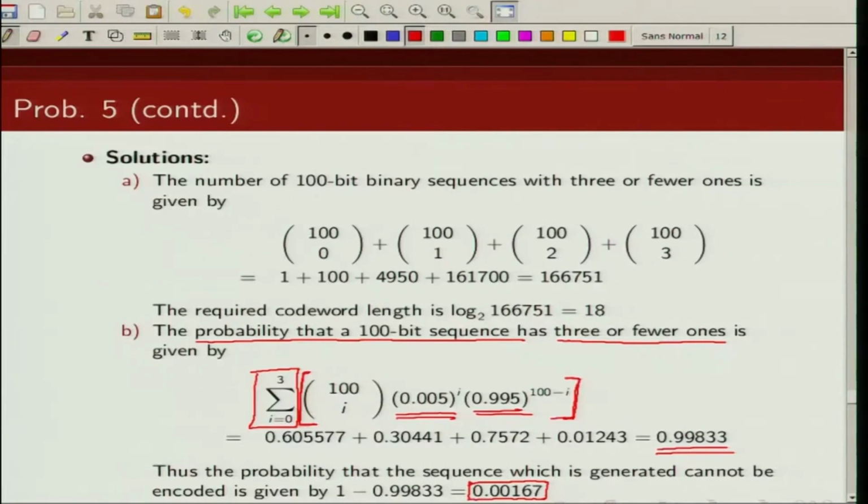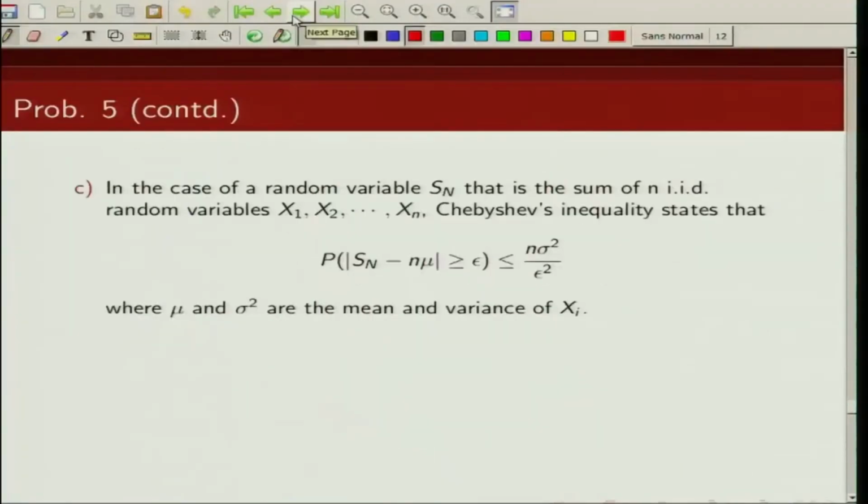Recall that we are assigning code words to all 100-bit sequences which have all zeros or 1 one, 2 ones or 3 ones. Next we are going to use Chebyshev inequality, which basically says that if Sn is the sum of n IID random variables, then the probability that the absolute difference between the sum and n times mu is greater than or equal to epsilon is bounded by n times sigma square by epsilon square, where mu is the mean of xi and sigma square is the variance of xi.